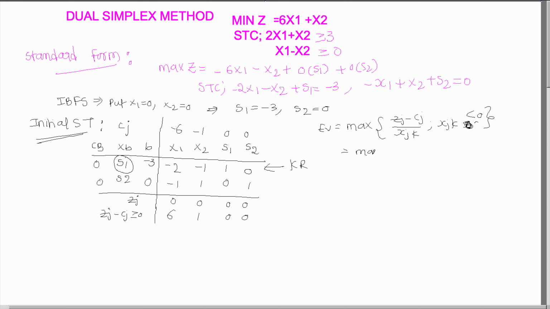Here, maximum of Zj value 6, corresponding value minus 2, comma, minus 3, giving minus 3 and minus 1, which is the maximum. Minus 1 is the maximum. So x2 is the entering vector.